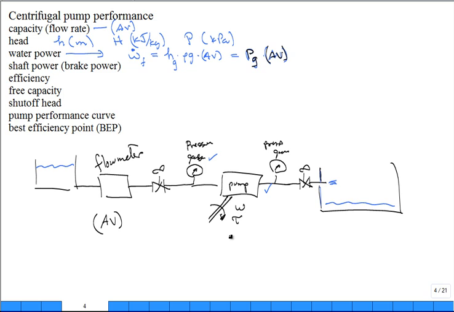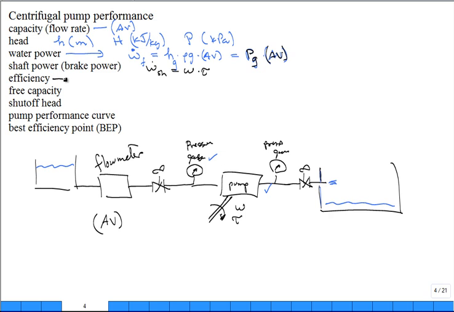What is that flow of mechanical energy coming into the pump, the shaft power? Isn't that the W dot shaft? Isn't that the product of omega and tau? Thumbs up if you like that. Good, right? So this is what they call the shaft power or the brake horsepower, meaning it's mechanical power coming in to the pump.